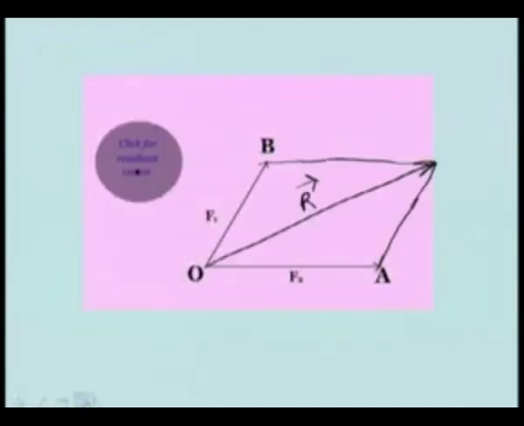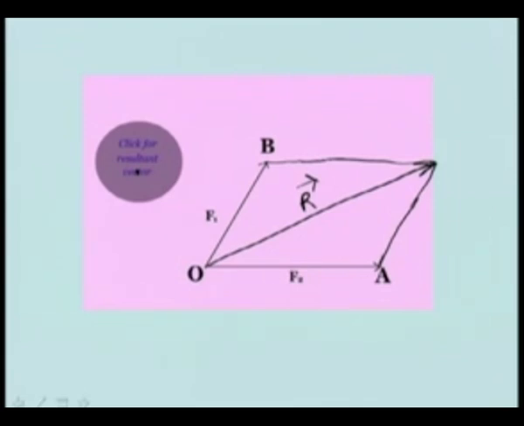For example, here we understand the parallelogram law. One force is this, another force is this. These are two sides of the parallelogram. Complete the parallelogram, make the diagonal, that is the resultant force.